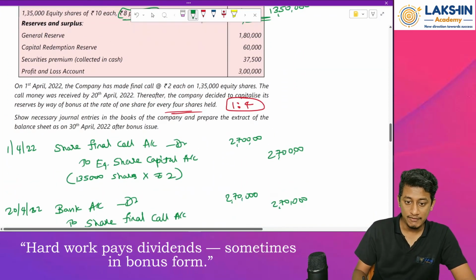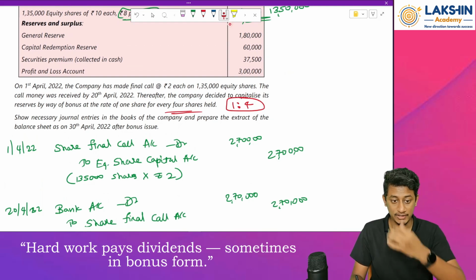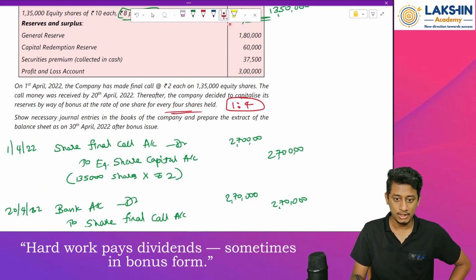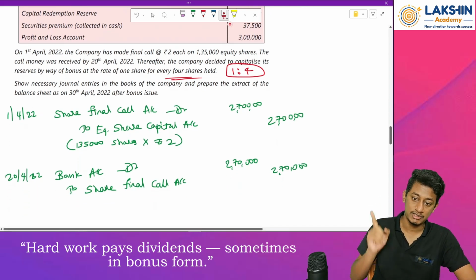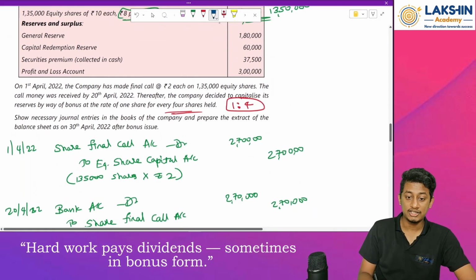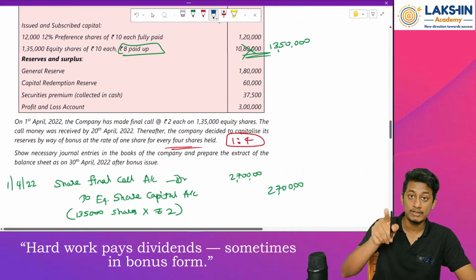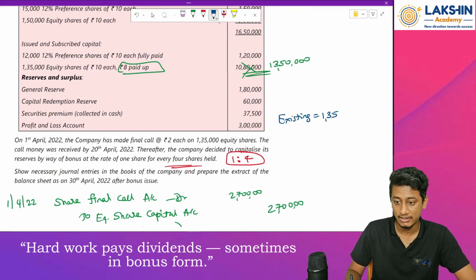Now we have issued a bonus share at the ratio of 1 is to 4, right? Now what to do? We need to issue bonus shares, right? So pass the entry. In this case they have not given us the dates, so we'll just simply pass the entry for bonus, capitalizing the reserve. Before this, we need to find out how many shares are issued. The company's existing shares are 1,35,000 shares, right? Bonus is in the ratio of 1 is to 4.